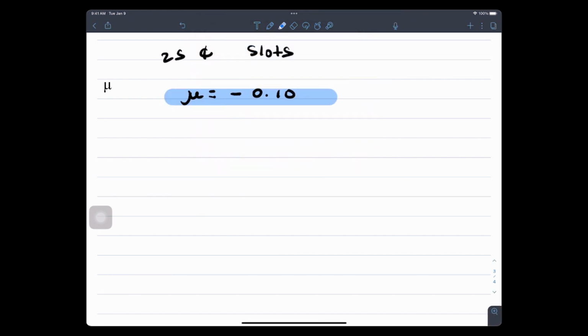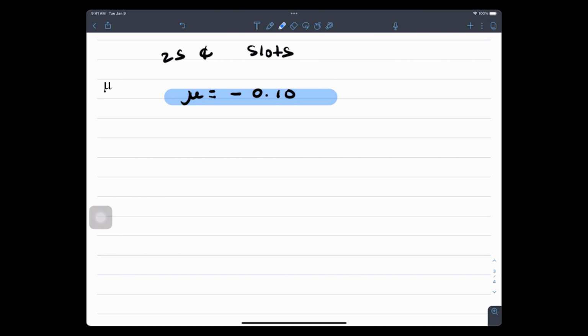Every game. You lose 10 cents, for example. I don't know what the expected value is for a 25-cent slot machine, but I know one thing for certain. It's a negative expected value game, because every game in Vegas is negative expected value.